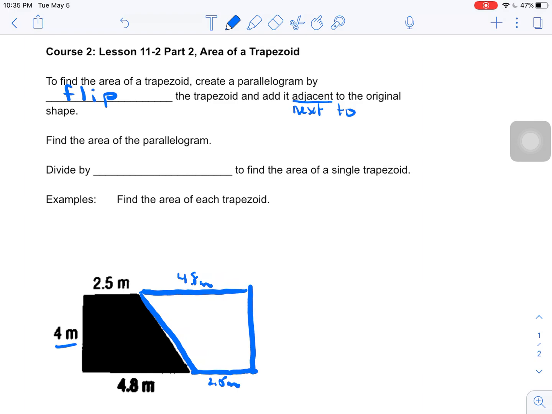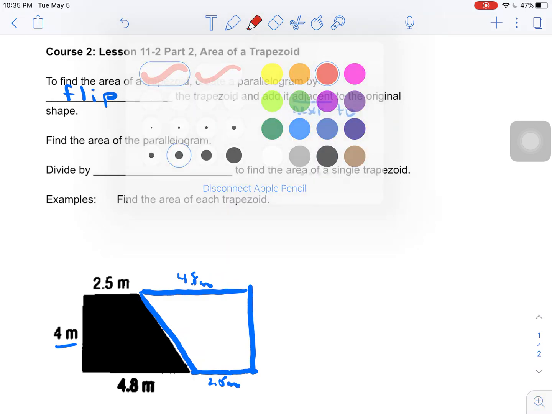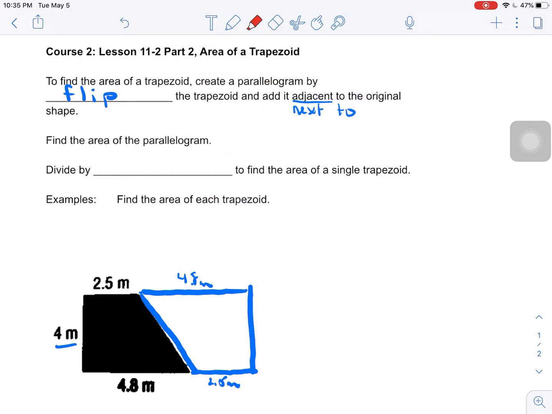Once we turn it into a parallelogram, now we can find the area of a parallelogram. In this case, this actually makes a rectangle, but a rectangle is a type of parallelogram. For both a parallelogram and a rectangle, the way we find the area is by doing base times height. In this case, the base is this whole red section here.